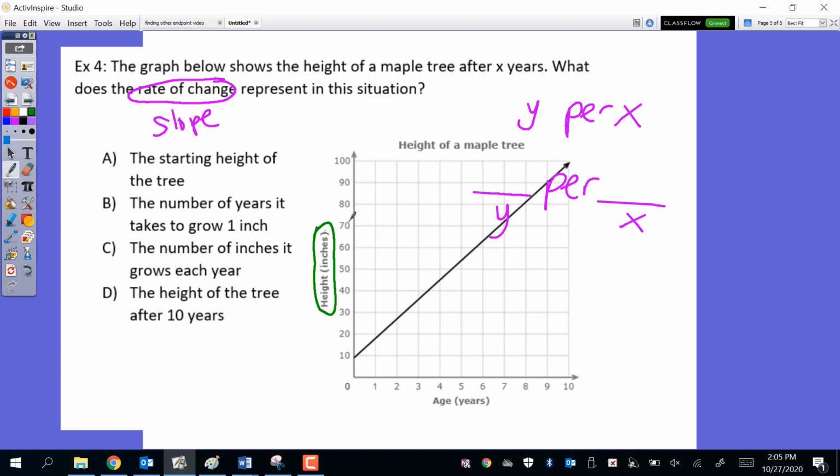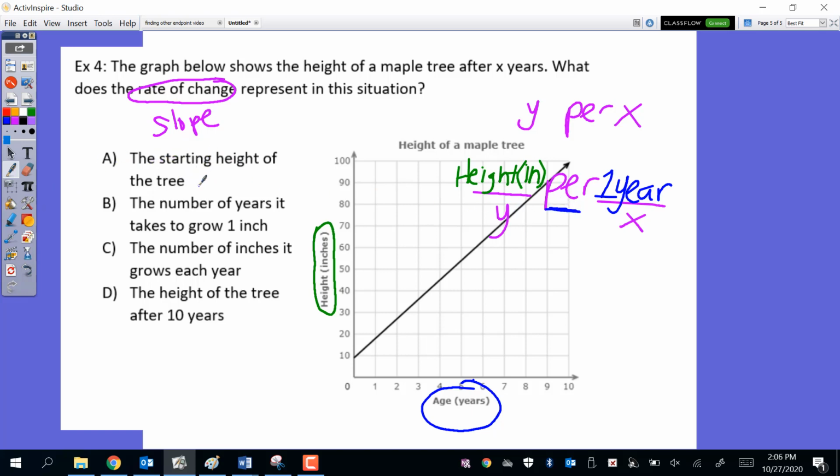It's the height in inches of this tree. So we're going to put height in inches. Okay. And what's on my x-axis is the age, so in years. So we're going to put per 1 year. Okay. So we're looking for the word per, or for the word each.